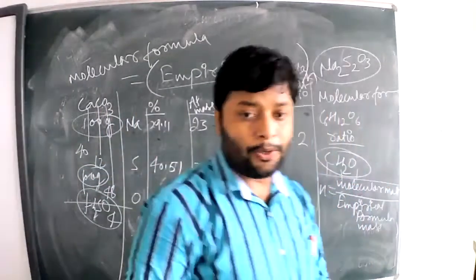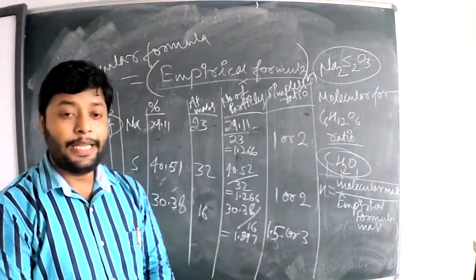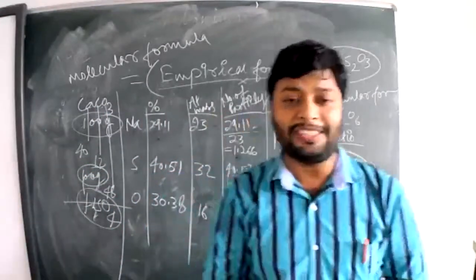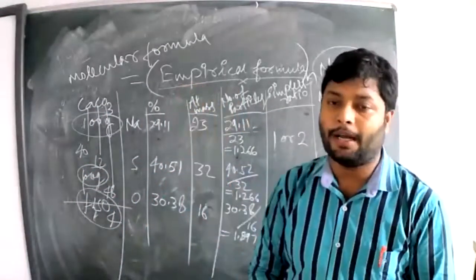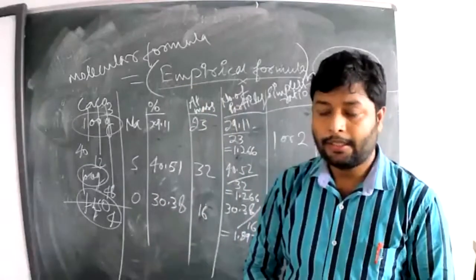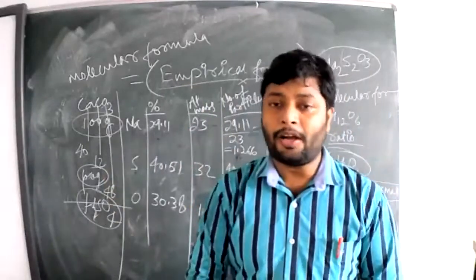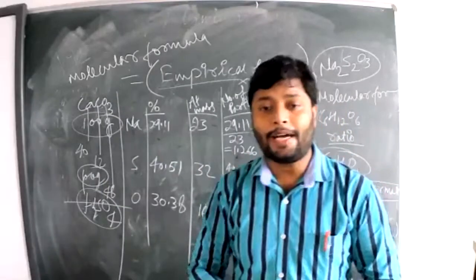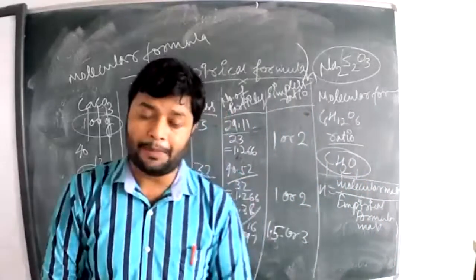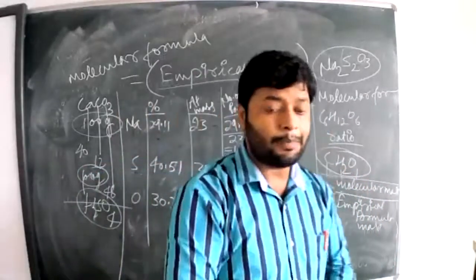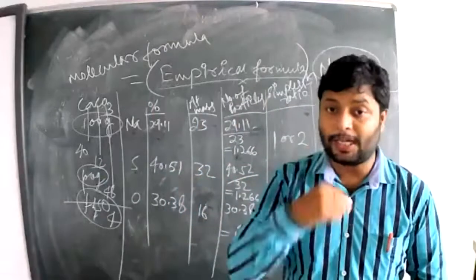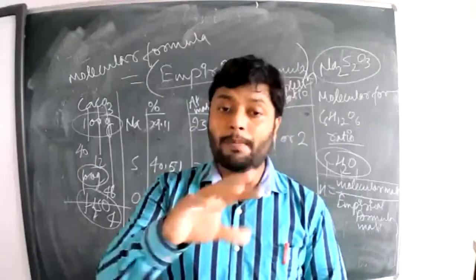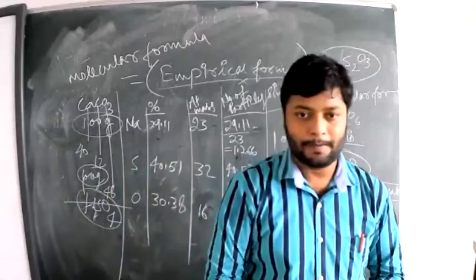If there is any doubt, I'm concluding my lecture here. If there is any doubt regarding this, we'll solve some more numerical concepts based on the empirical formula in the next lecture. Then we'll try to conclude the chapter. We'll solve numericals from the same chapter based on mole concept, molarity, normality, and mole fraction, and some more numericals on limiting reagent, stoichiometry, and empirical formula.